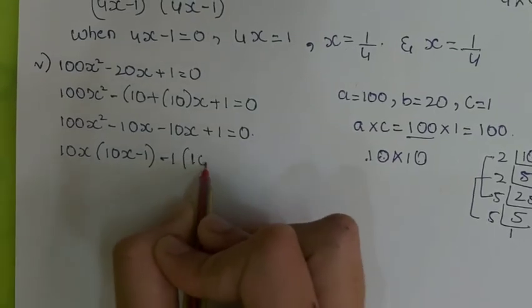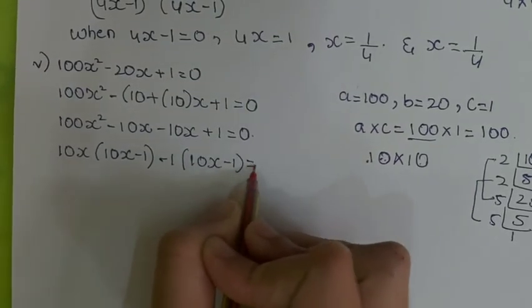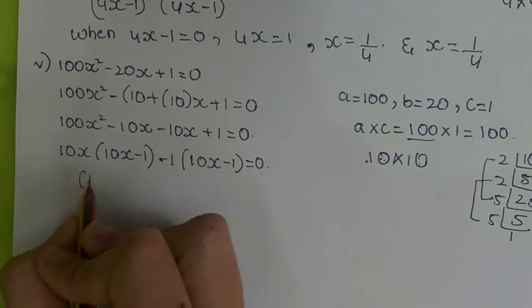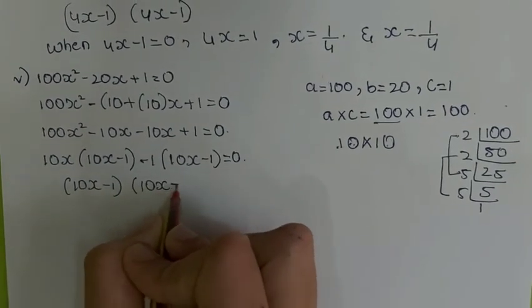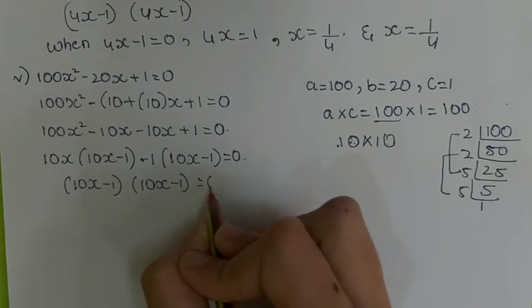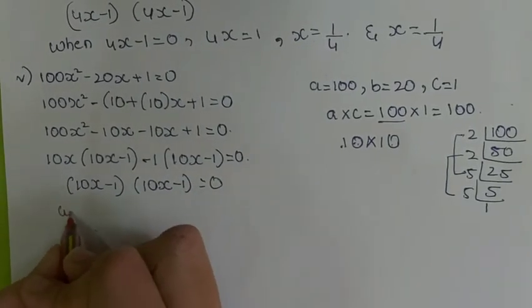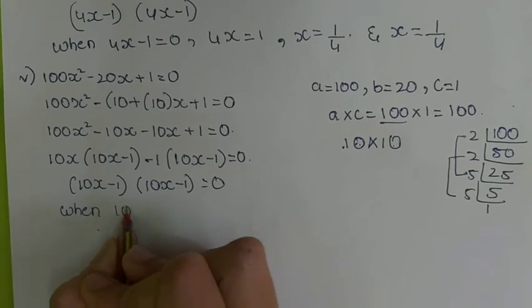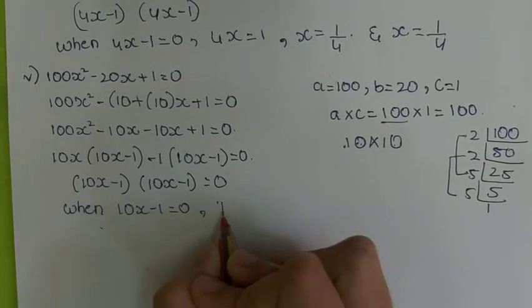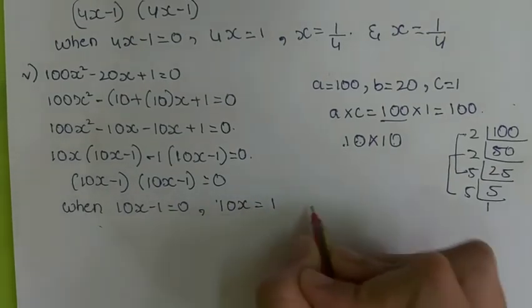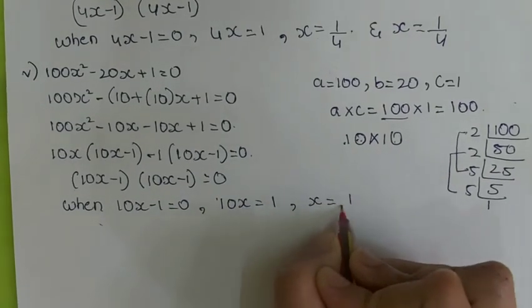So that becomes 10x minus 1 and again 10x minus 1 is equal to 0. So when 10x minus 1 is equal to 0, 10x is equal to 1 and x is equal to 1 by 10.